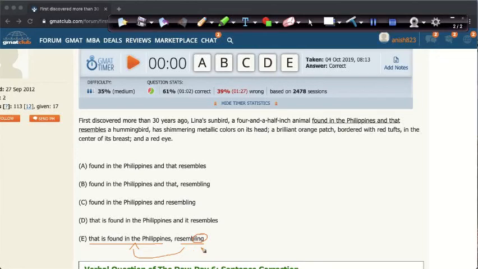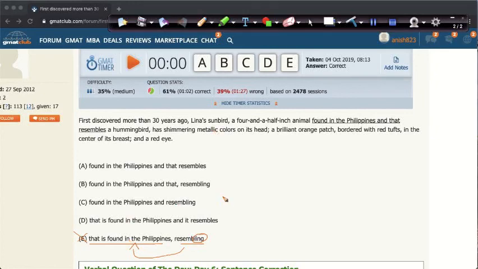We call that the how result test. So does resembling tell us the how result of this 4.5-inch animal found in the Philippines? No, it's not telling us how it was found. It's not telling us the result of it being found. And therefore, this ing modifier here is incorrect, and this option is incorrect.